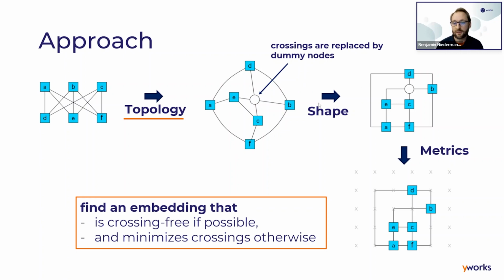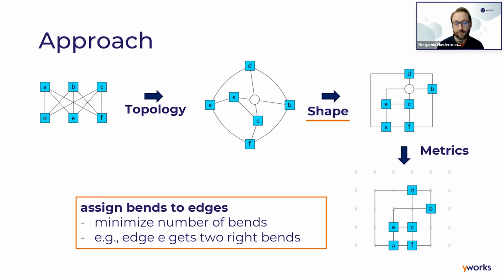The next step is that we do the so-called shape step. And here the idea is that we define the shape of the edges, which basically means that for each edge we decide where the bends are and which segments are horizontal and vertical. So for example here, this edge that goes from A to D, for this we say okay, the first segment should be horizontal, then there's a right bend, and then the next segment is vertical, and then the next segment is horizontal again.